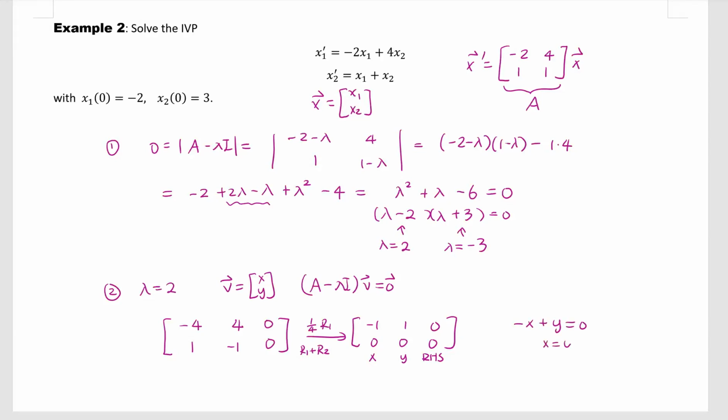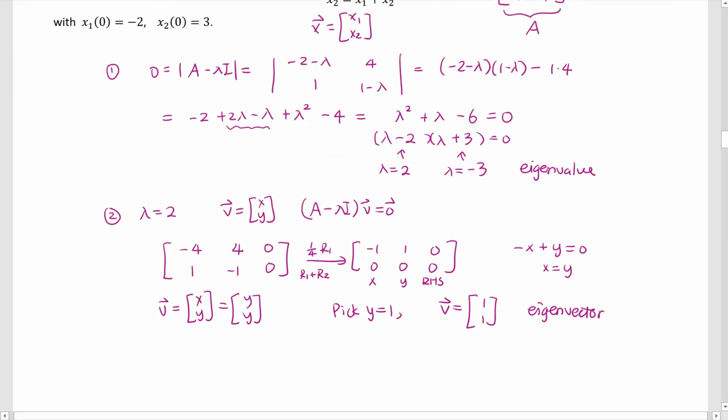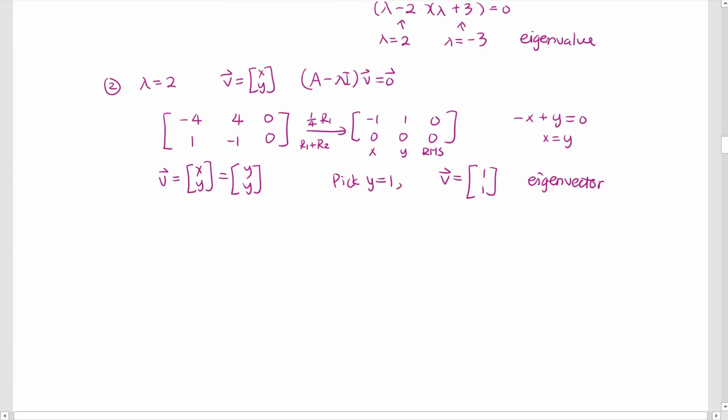Oh, then x is y. So v is then x, y. x is y, so we can pick y to be 1. The eigenvector is 1 and 1. So this is the eigenvector corresponding to the eigenvalue lambda equals 2.